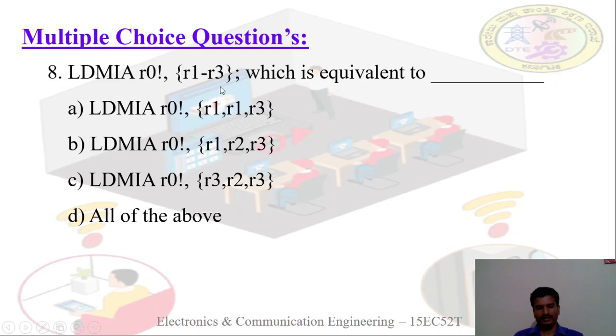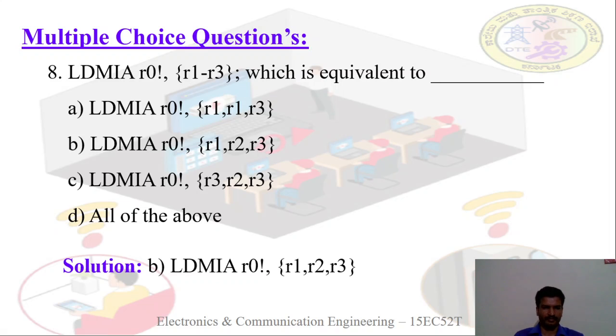The answer is B. As I told, the dash symbol is used to mention a range. Whenever we use registers in sequential order, we can use it like this. Instead of writing R1, comma, R2, comma, R3, we can mention R1 to R3. So B is the right answer.